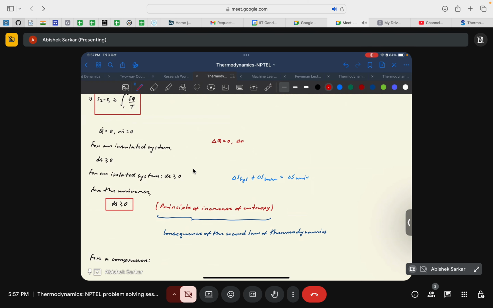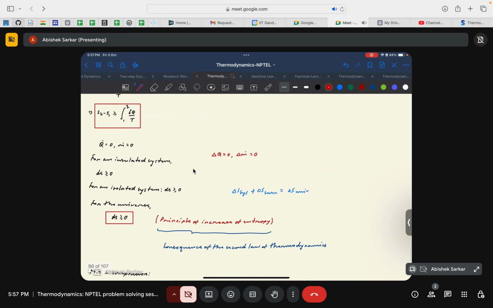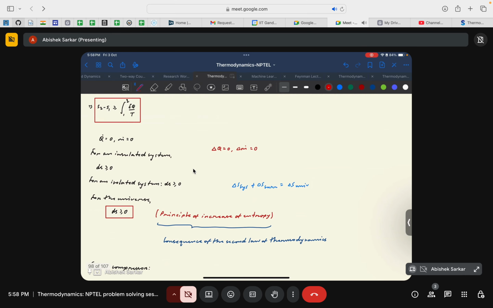There is no mass transfer as well, and the only way through which the entropy of the isolated system can be increased is through the presence of internal irreversibilities.